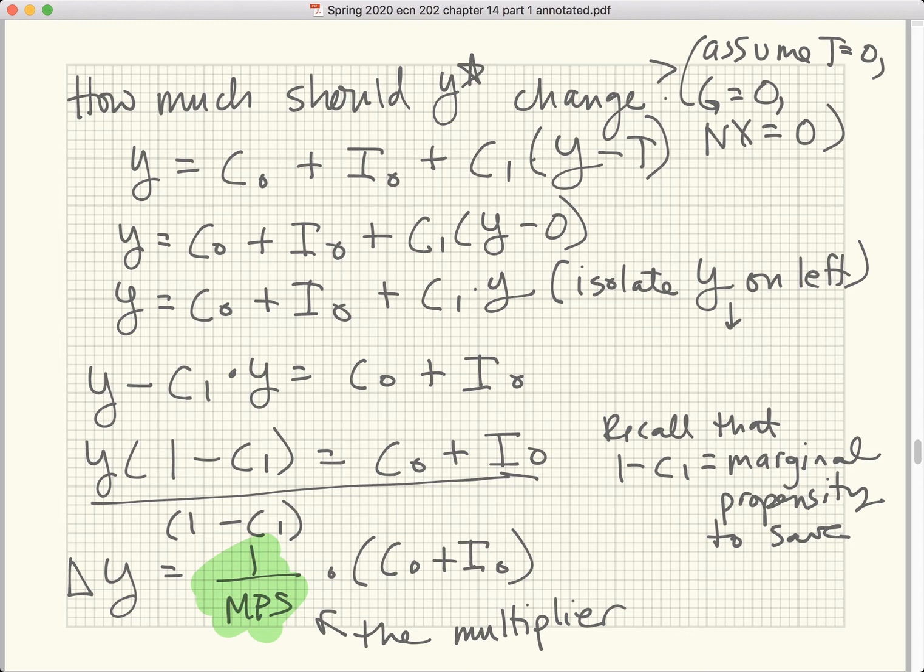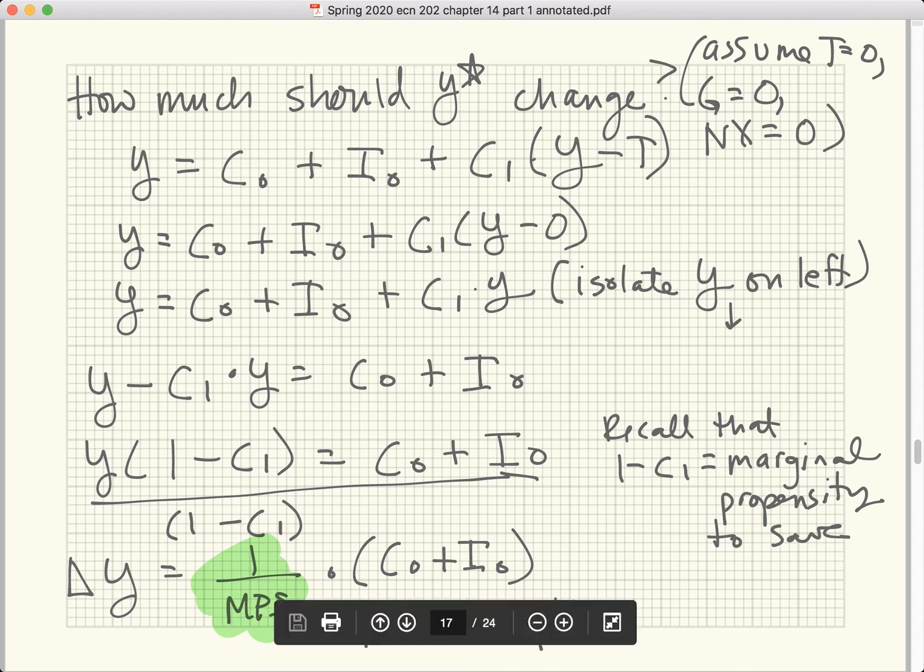Income minus the marginal propensity to consume times income is now equal to autonomous consumption expenditure plus autonomous investment expenditure. So we can now factor Y out because it's in both components of this. So Y multiplied by 1 minus C1, or the marginal propensity to consume, is now equal to C0 and I0.